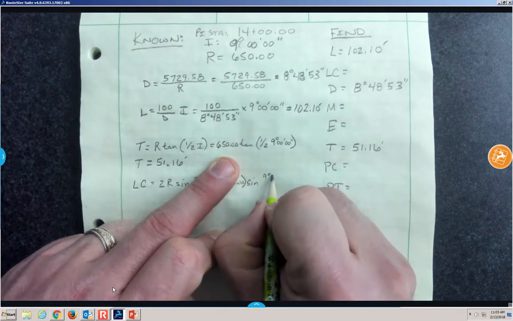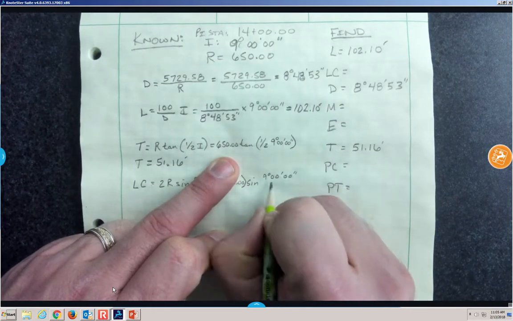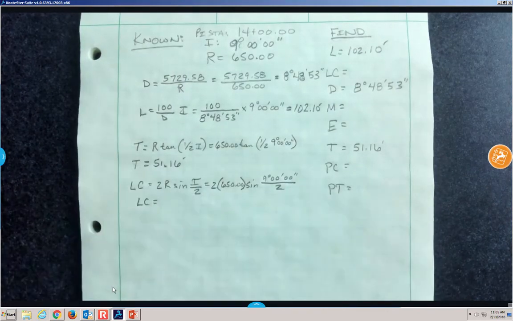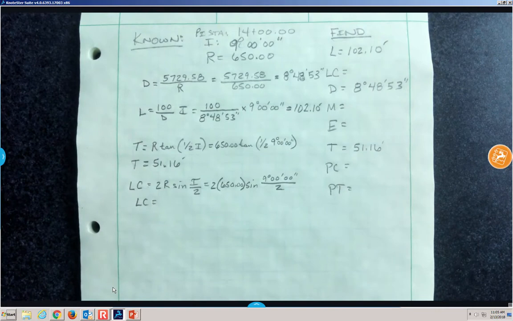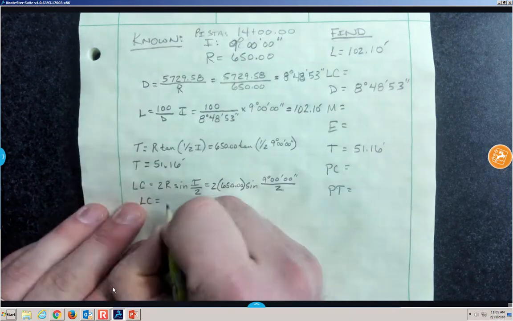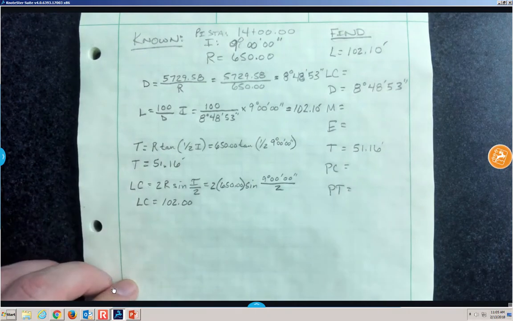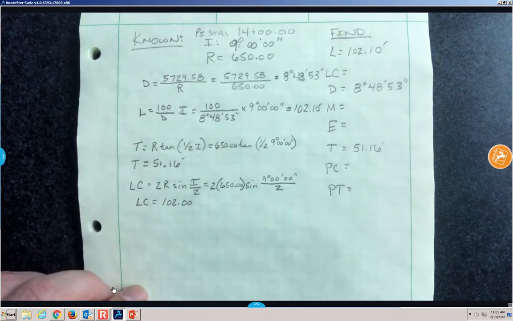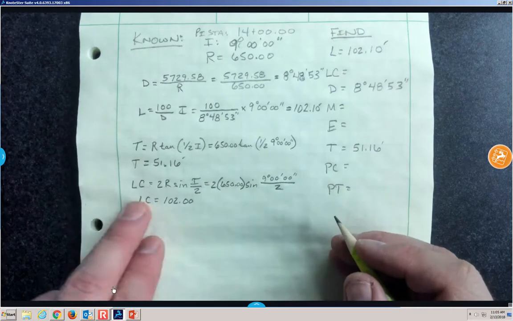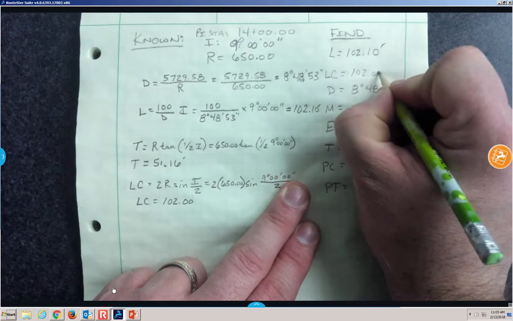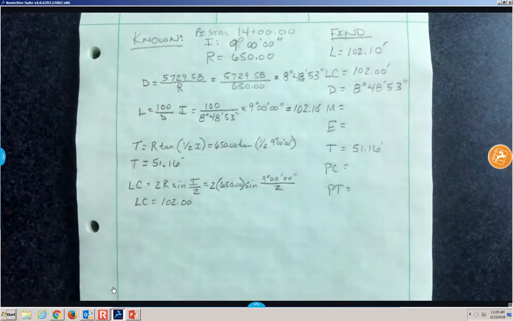So 9 degrees 00 minutes 00 seconds over 2. So LC equals what? 102.00. Yep, that works. Okay, so that's our LC, so we'll transfer it up here. 102.00 feet. That's the long chord.